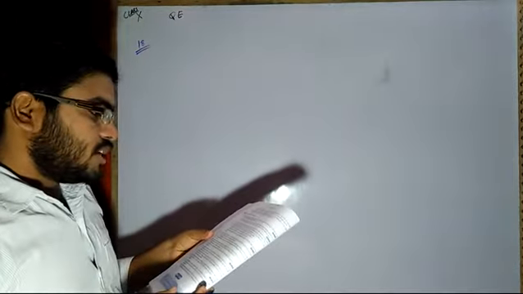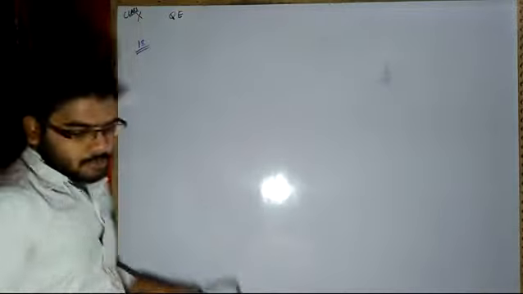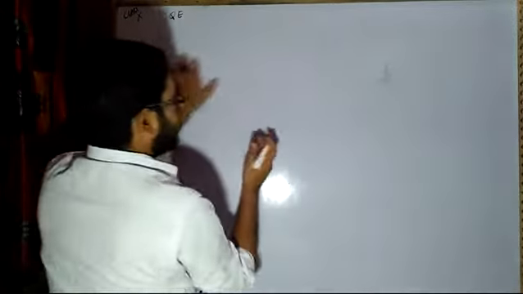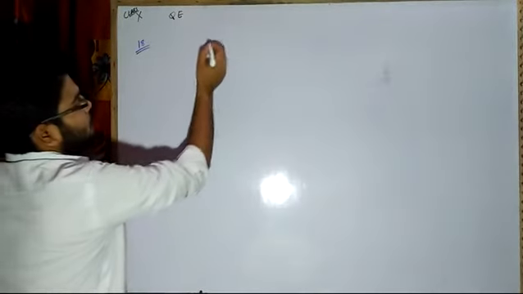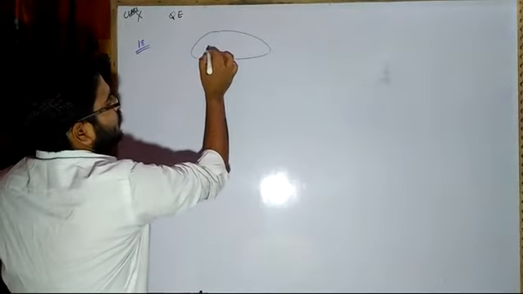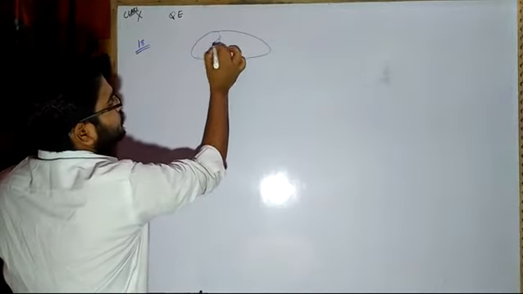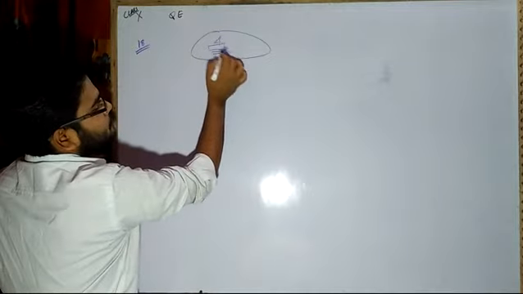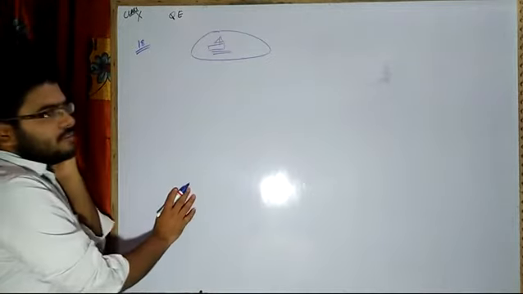The speed of a boat in still water is 15. It is an upstream downstream problem. As you all know, in still water the boat is going to sail at some speed.